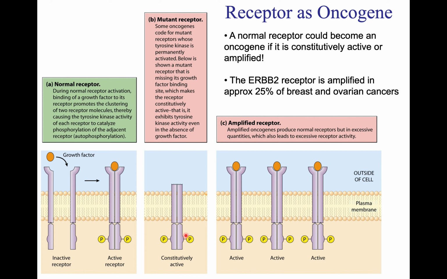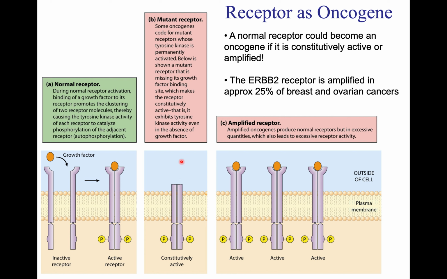So the growth factor could be an issue. The receptor itself could be a problem. This is very common. So in our normal example, right, we have our receptor that is only activated by binding of the signal of a ligand. But you could have a situation where the gene for the receptor protein has been mutated such that it is constitutively active.